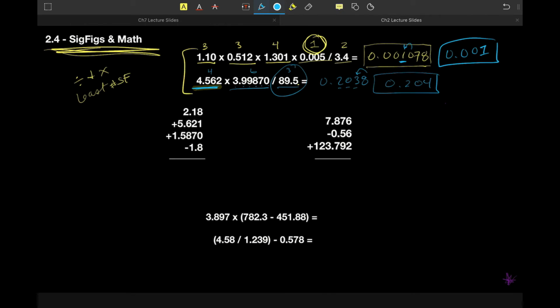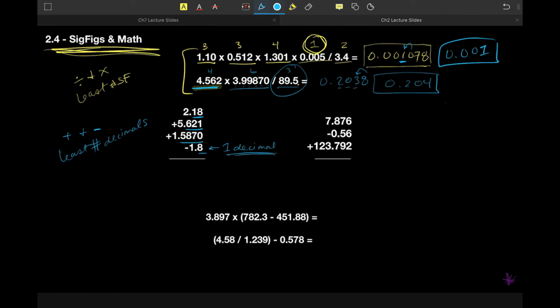When we add and subtract, it's going to be least number of decimals, which is kind of easier. This one has 2, this one has 3, this one has 4, this one has 1. So I'm limited to 1 decimal place. Yes? That's what that tells us.